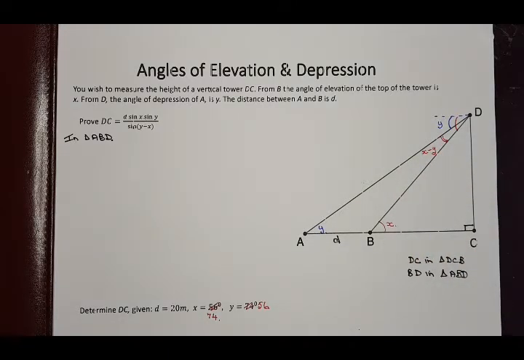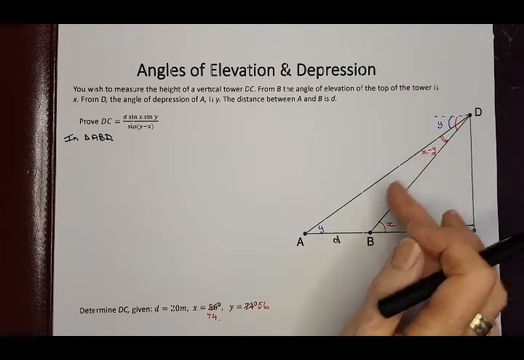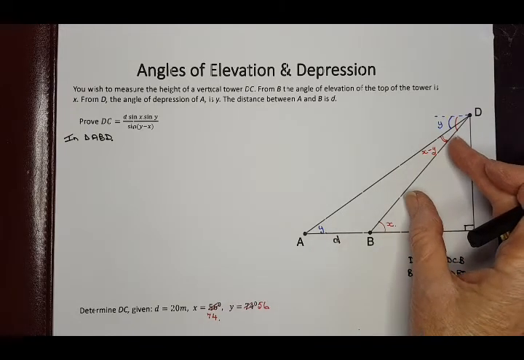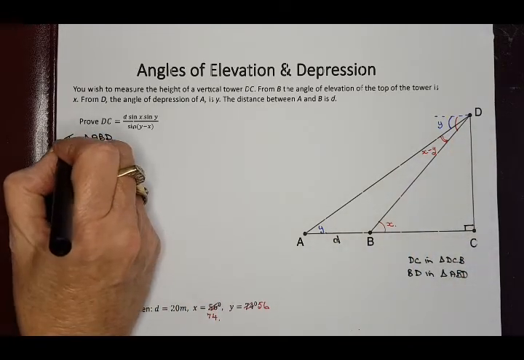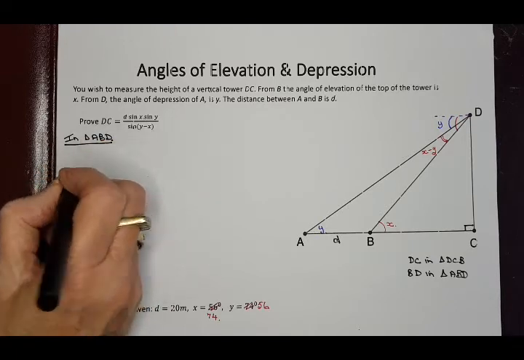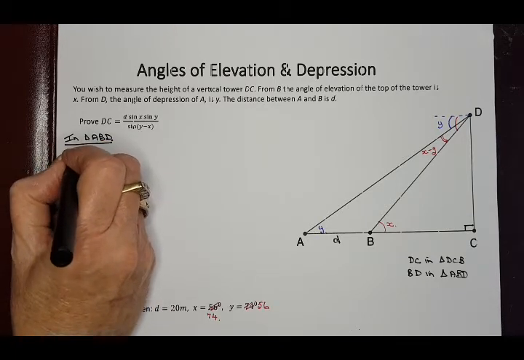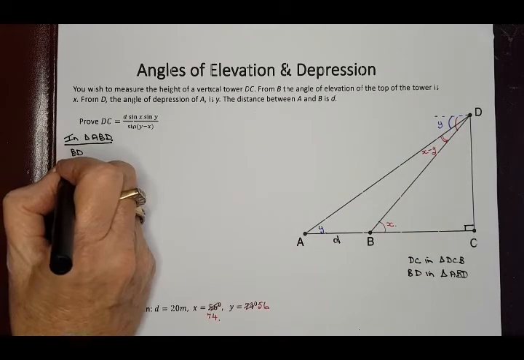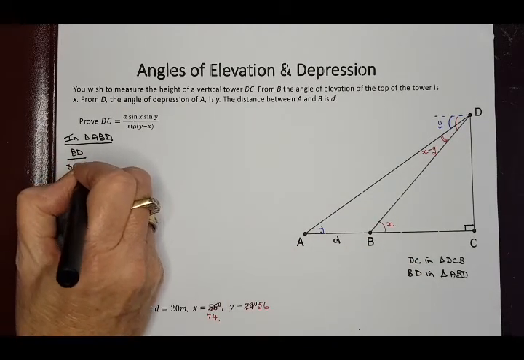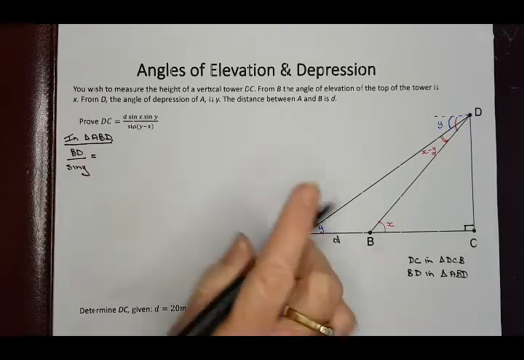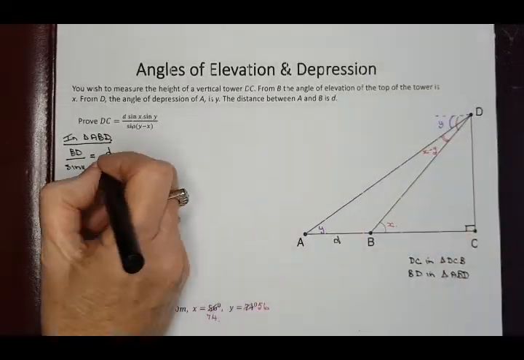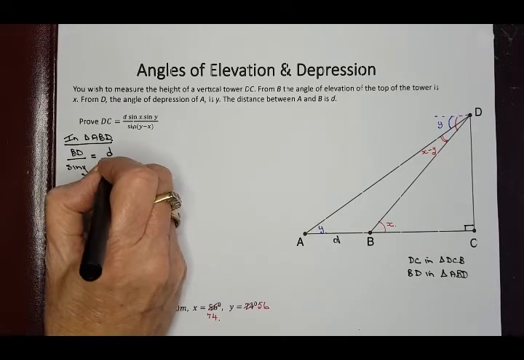In triangle ABD, I've got this pair, a side and its opposite angle, and therefore I can use the sine rule. I'm going to put the thing I want on top. So in triangle ABD, I'm going to start off by saying that BD over sine of the opposite angle must equal d over sine of the opposite angle.